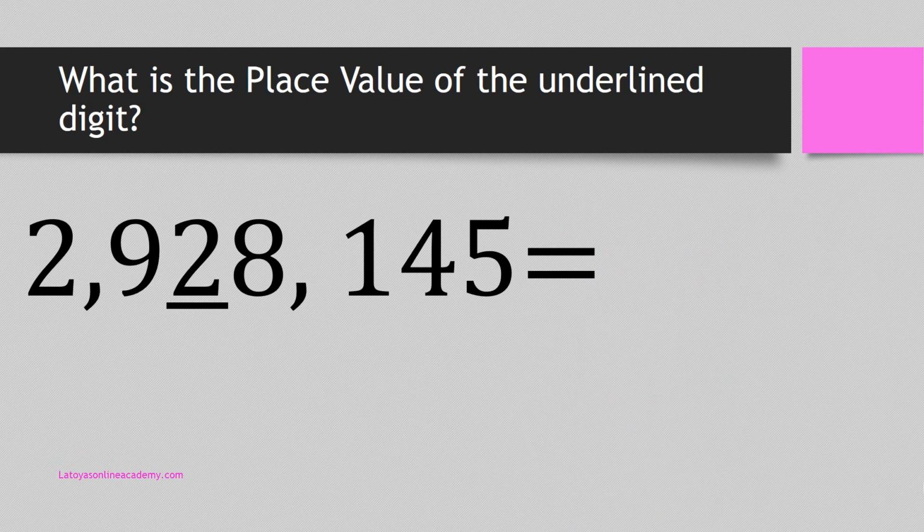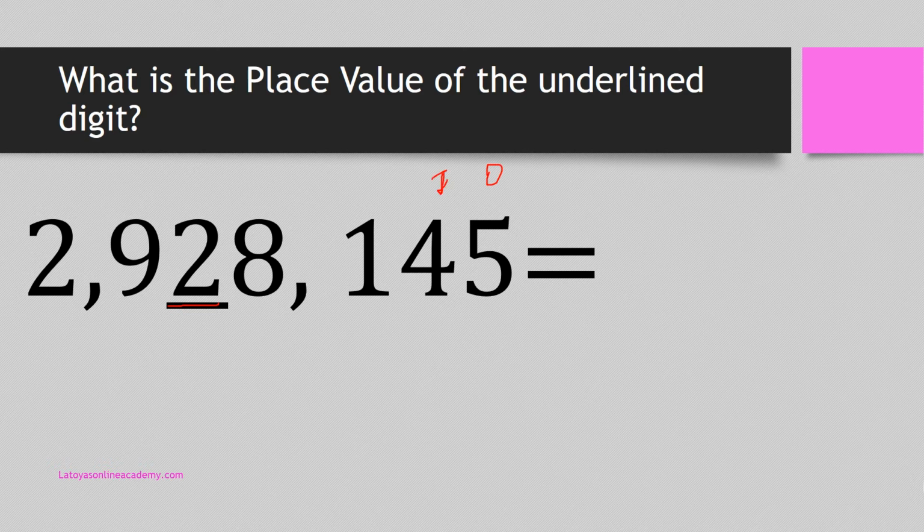What is the place value of the underlying digit? Let's read this number. This number is 2,928,145. For those of us who are unable to recognize the place, I recommend that you label the top.